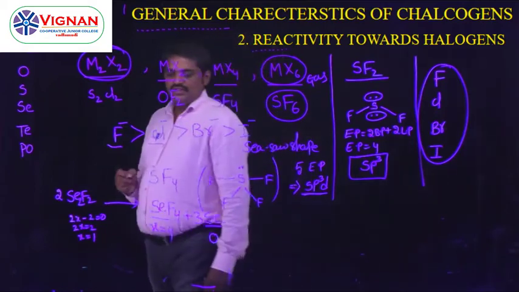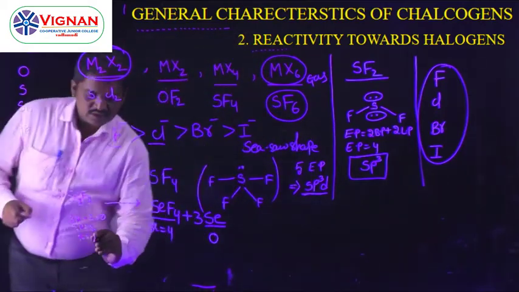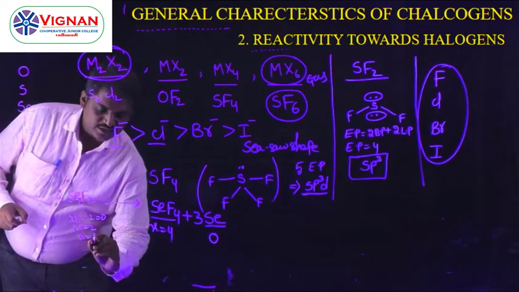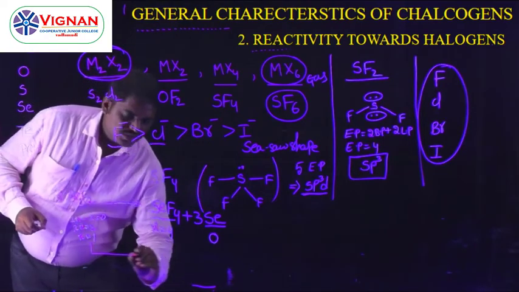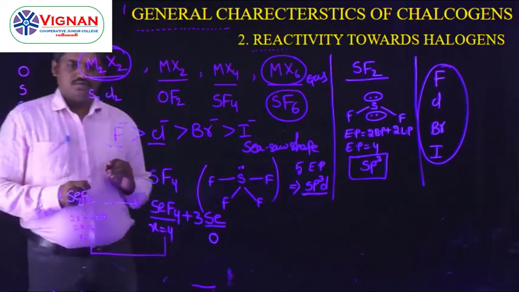So the selenium oxidation state for the reactant is +1, which is converted to +4.